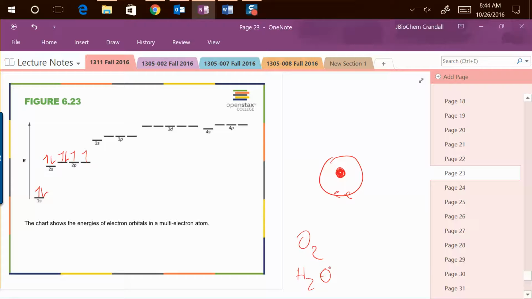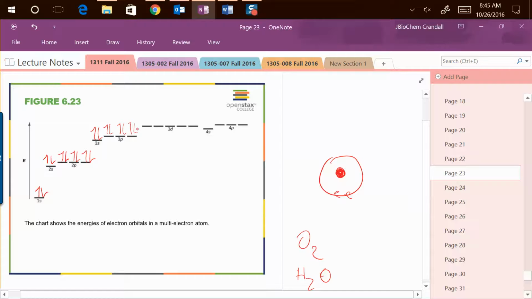So let's continue this down, down. Now I'm at neon. Okay? Sodium, magnesium. They are in the 3s. Okay? Then I go to the 3p. Up, up, up, down, down, down. Now I'm at argon.